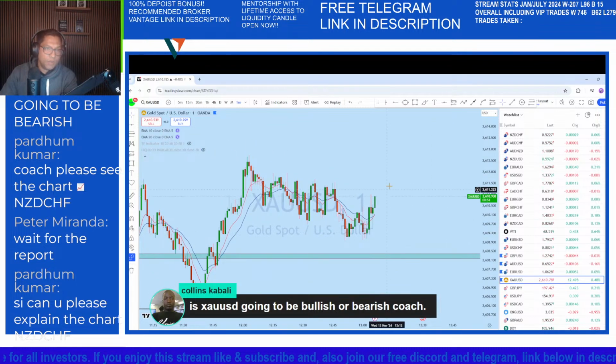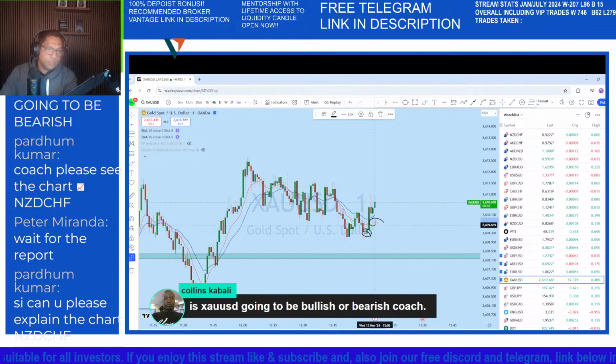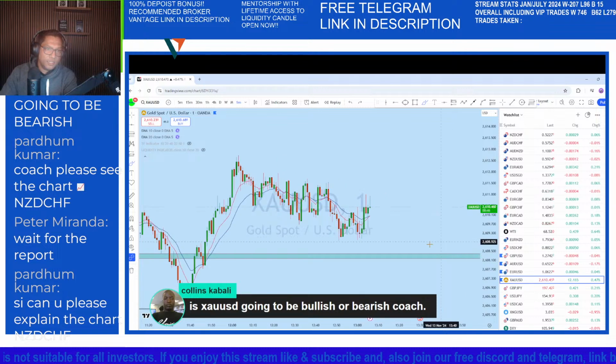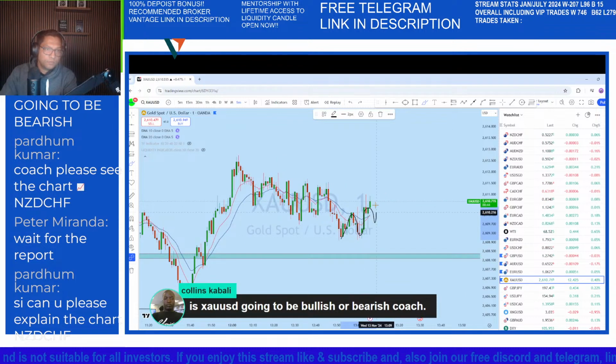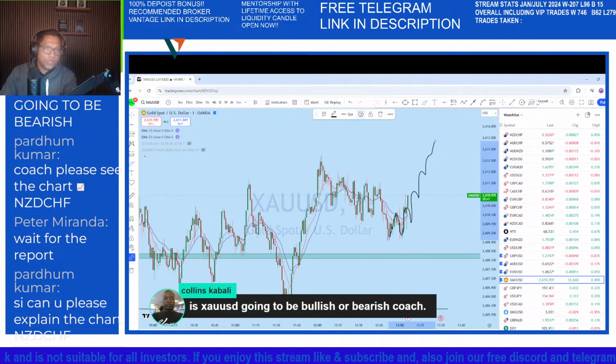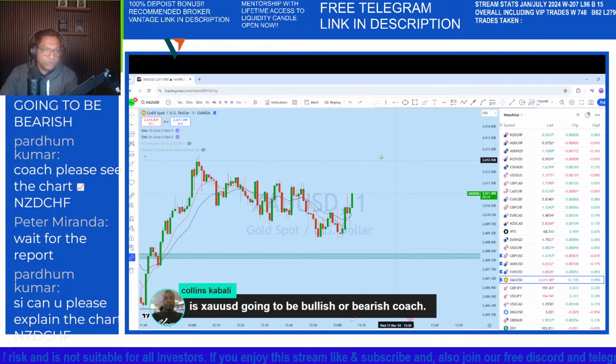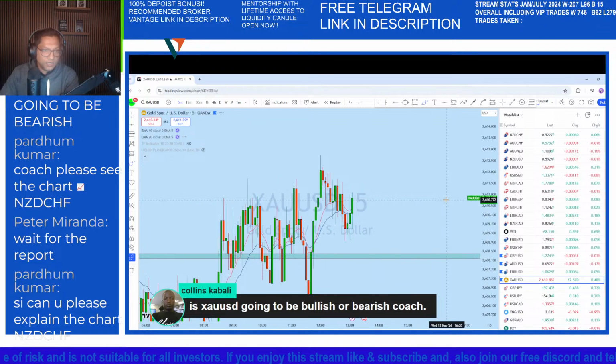You can see there is a bounce and there is an inverted head and shoulder in this area. So with that inverted head and shoulder, expecting the market to trend in that direction, which we see the market basically doing.